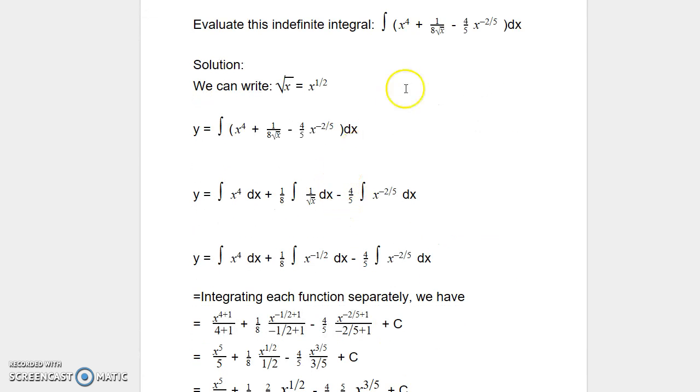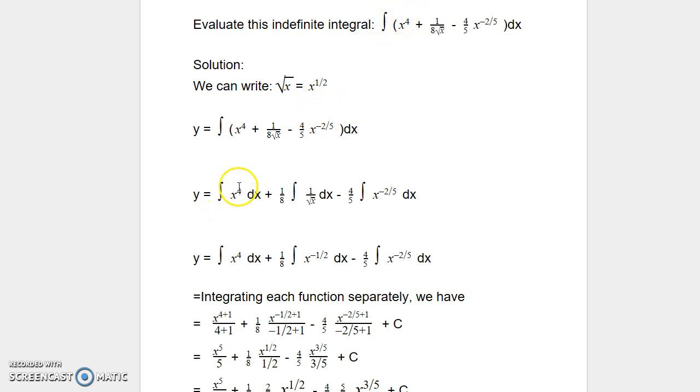In this example, if we have to integrate this particular polynomial, we have x to the power of 4 plus 1 over 8 times square root of x minus 4 over 5 x to the power of minus 2 over 5 dx. This polynomial function, we can integrate each one of these functions separately as shown here.